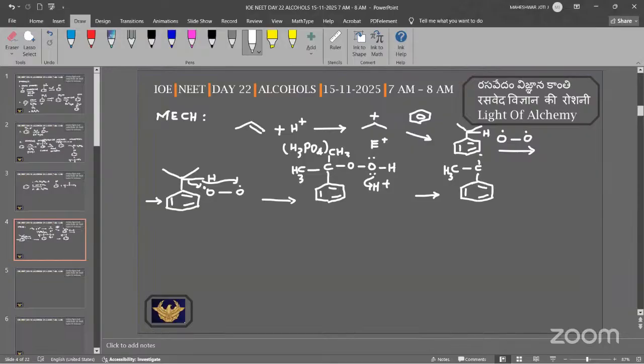CH3, CH3, O, OH. This oxygen is interacting with the proton from dilute H2SO4. It converts into the oxonium ion.